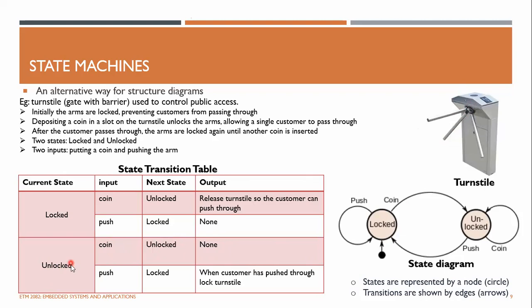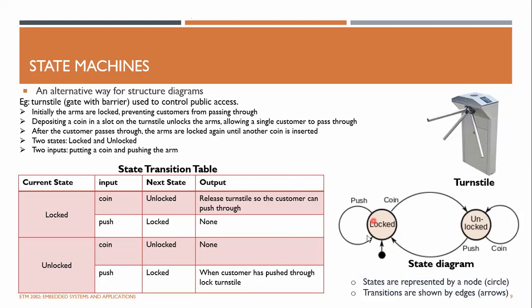If you are in the unlocked state and someone pushes, the customer passes, and then the next state should be locked. You should lock it again, otherwise more people will pass through it. So this is the state transition table, but it is more convenient to have state diagrams like this.